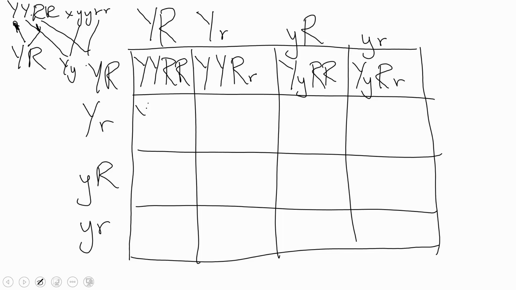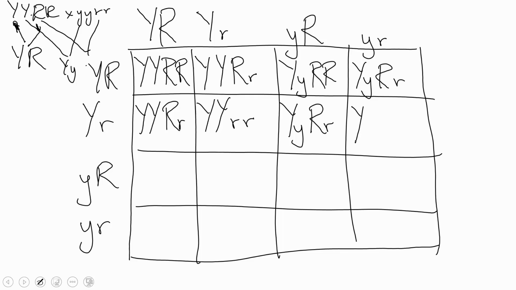So we go down to the next row, and we find this combination, capital Y, small r, capital Y, big R, small r, capital Y, small y, and two small r's. And in this one, we have capital Y, small y, two big R's, capital Y, small y, one big R, one small r, two small y's.